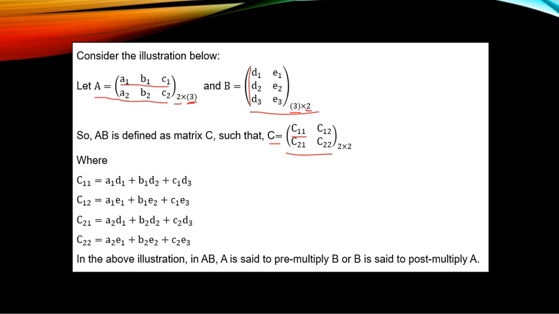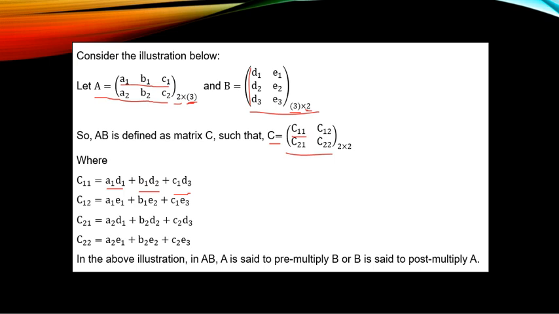So you take the products and add. So you have A1 times D1 plus B1 times D2 plus C1 times D3. When you multiply and add, you get the first element.